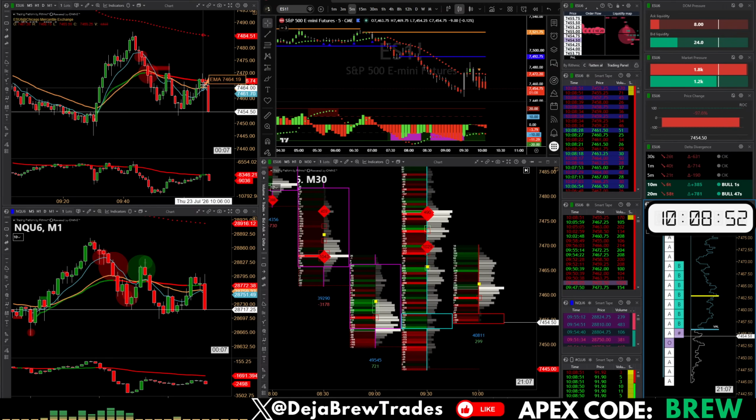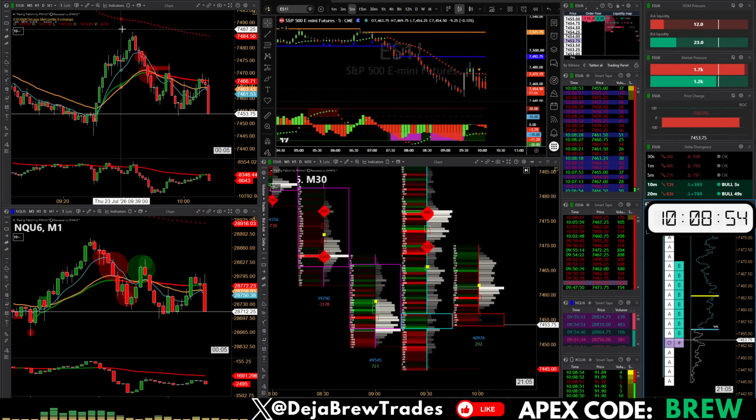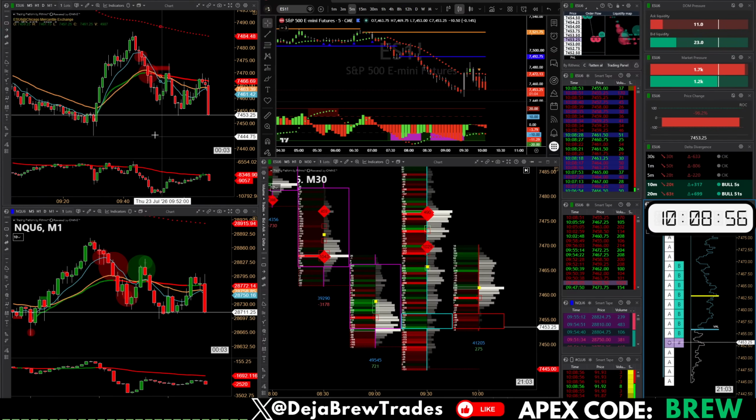Okay, you have another small bear flag in the VWAP here. Not exactly a bear flag, kind of a retest.